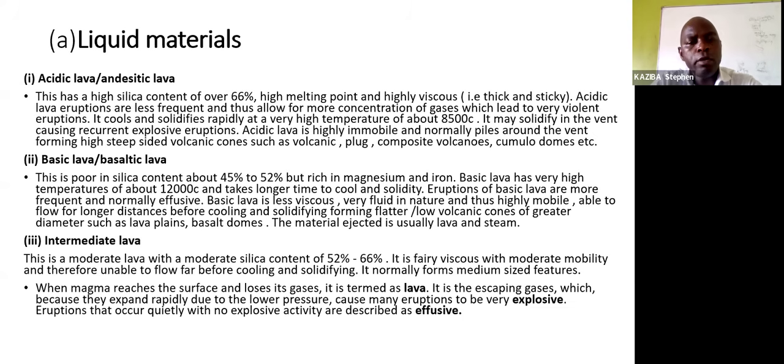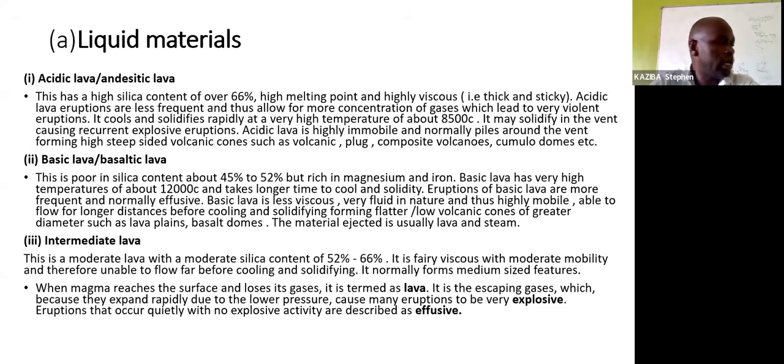Then the second liquid material we have is the basic lava. This one is of low silica content, between 45 to 52%, and it is rich in magnesium and iron. This one is fluid and is able to flow for a long distance before solidifying.